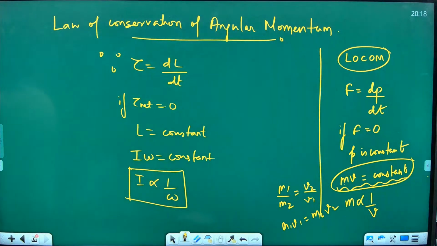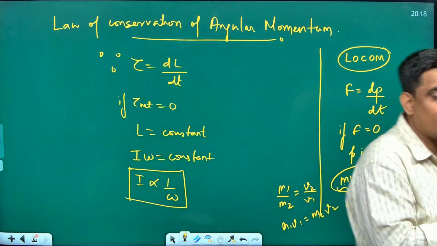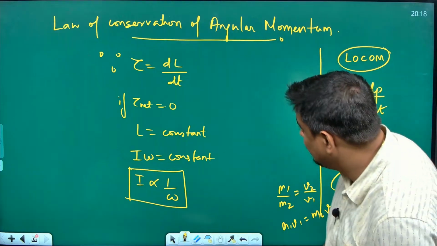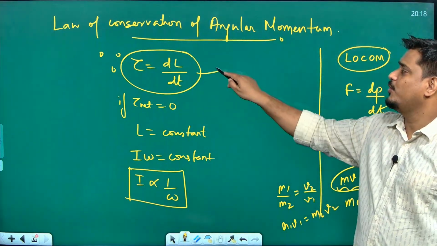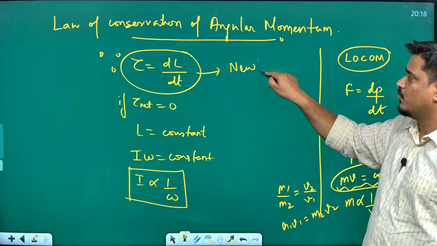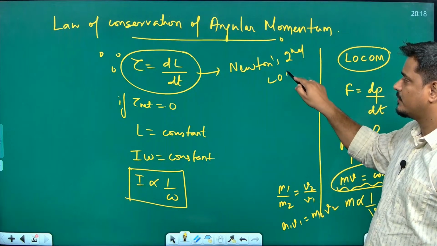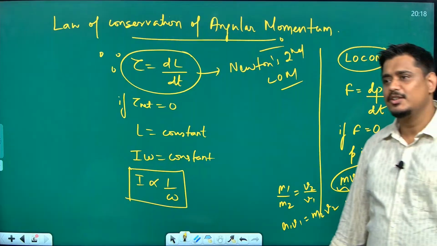Sir, could you explain the derivation of tau equal to dL by dt? How this came, you're asking. This came from Newton's second law of motion. What is Newton's second law of motion? F is directly proportional to dp by dt.